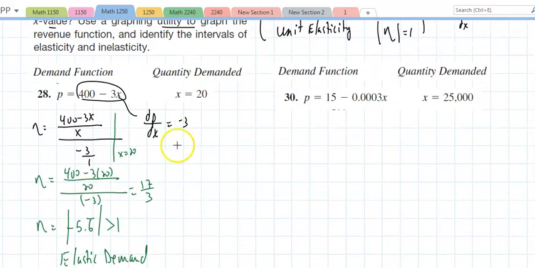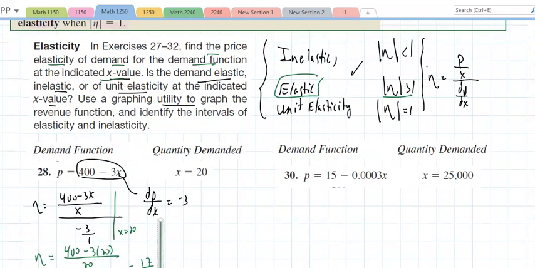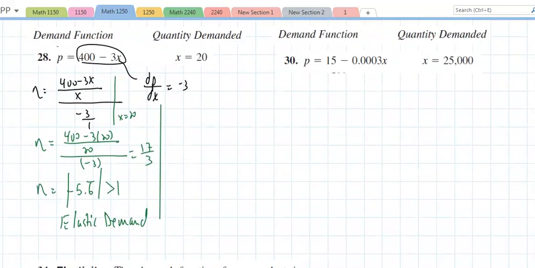Now, let me show you how to sketch a quick graph. It's not going to be exact, but without a calculator, this is the best we could do. It says, use a graphing utility to graph the revenue. Isn't the revenue function x times p? And what's p? Isn't that 400 minus 3x?